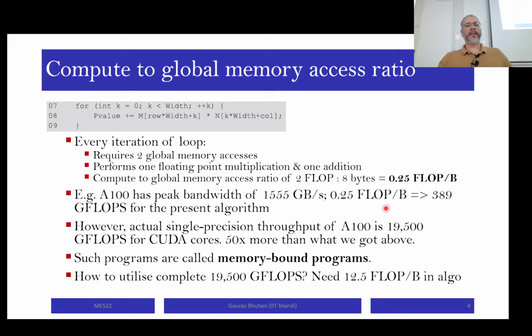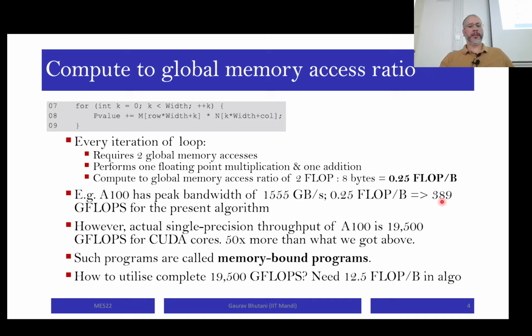So 1 byte of memory moved is doing 0.25 floating point operations, and you can move 1,555 gigabytes per second. So if you multiply these two numbers, you get the gigaflop per second, or gigaflops. So this gives you 389 gigaflops for this algorithm.